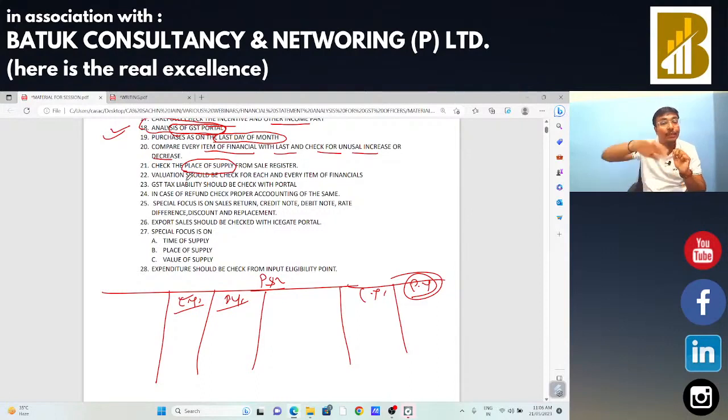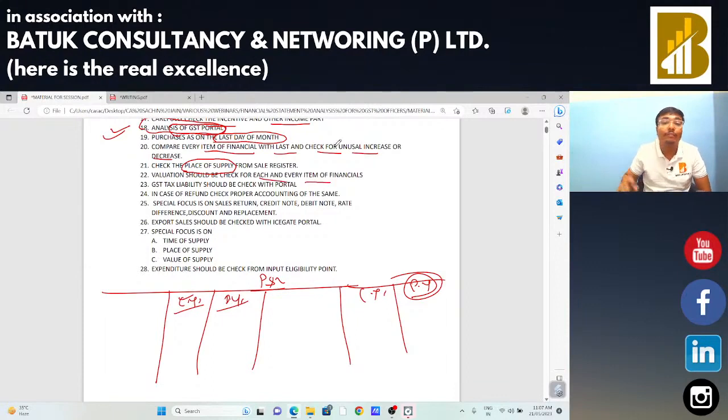Check whether CGST and SGST have been charged in place of IGST, or instead of charging CGST and SGST, IGST has been charged by that particular taxpayer. So we need to decide the same from the analysis of the place of supply. We need to check the same from the sales register. Okay, that is our responsibility when we are doing the analysis of the sales register. At that time, we need to check the place of supply.